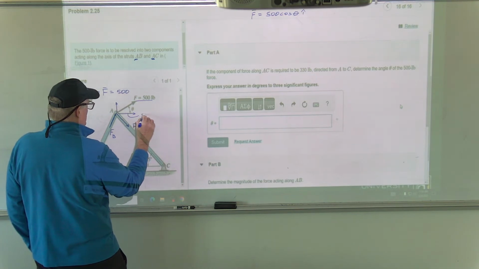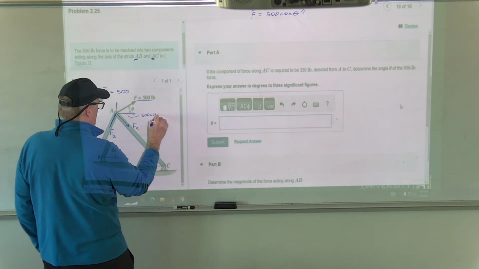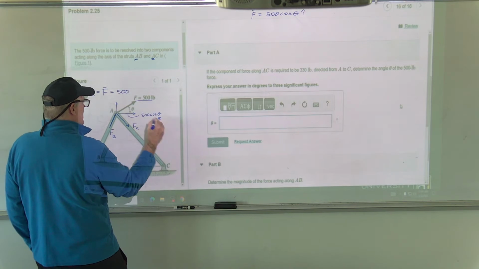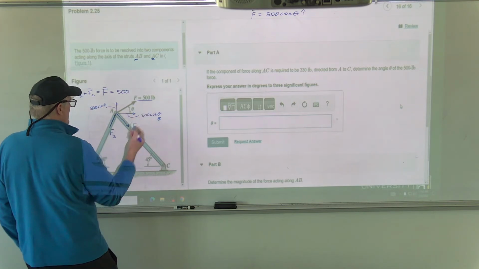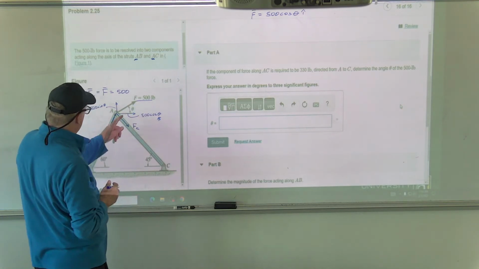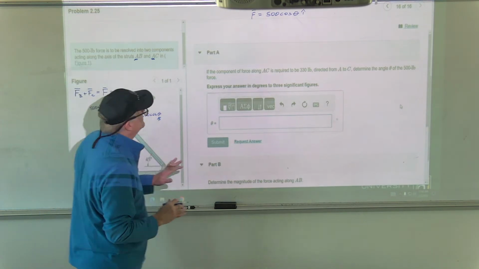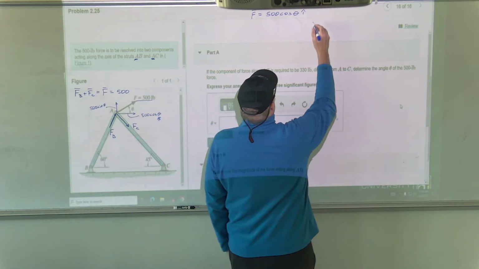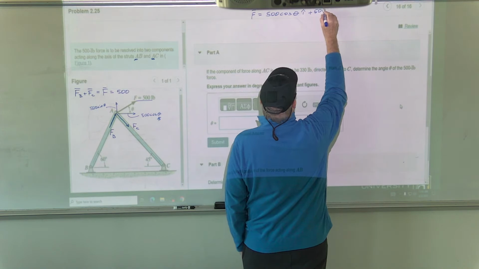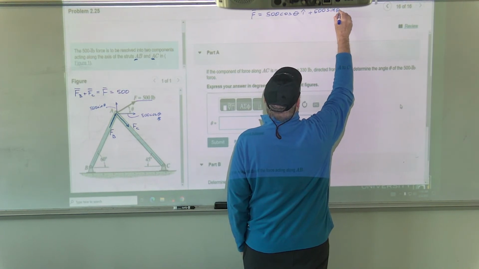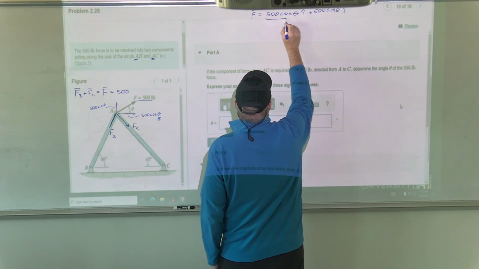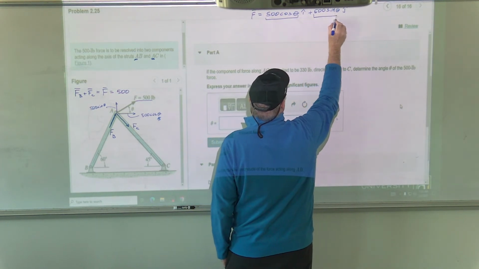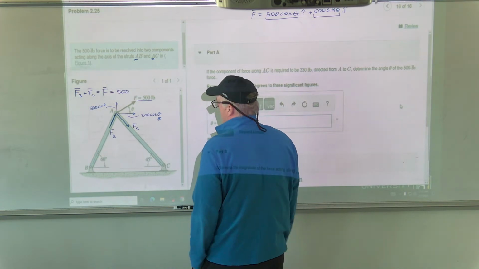And this is 500 cosine whatever that theta is. This one's going to be 500 sine of theta, whatever that theta is. So I'm going to break them into the x and y component, and plus 500 sine of theta j. So I got that broken into its components. Here it is along the x. Here it is along the y.